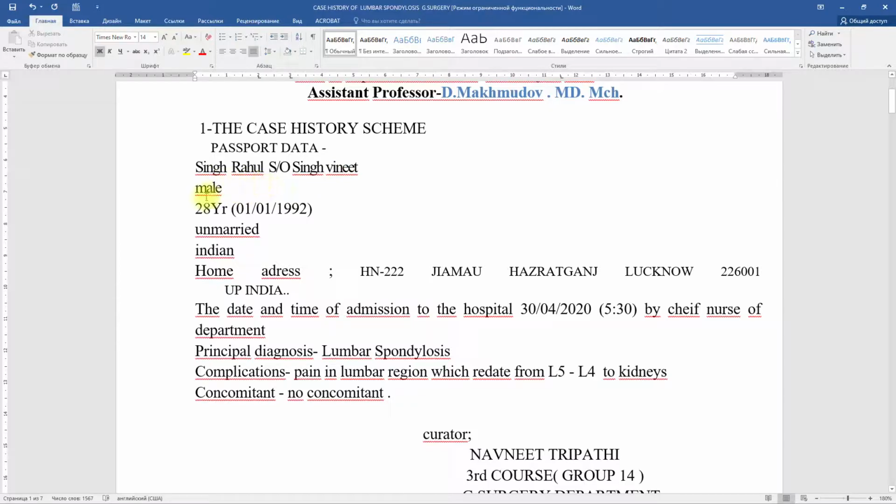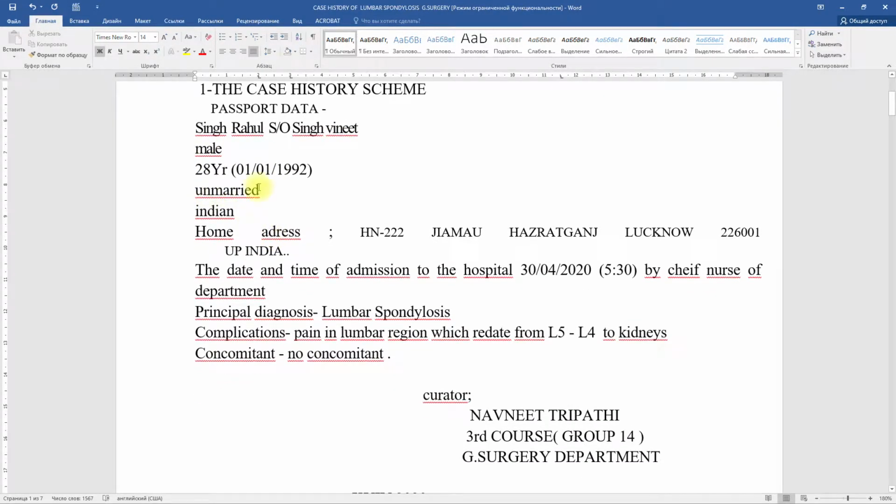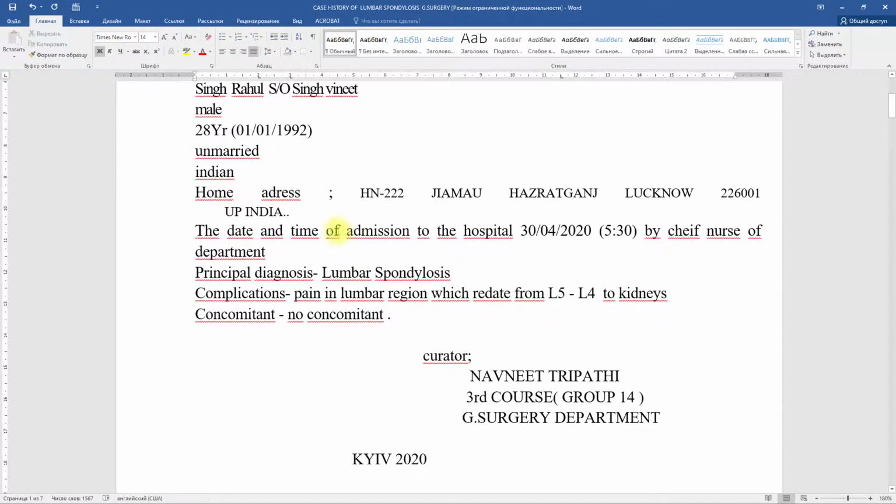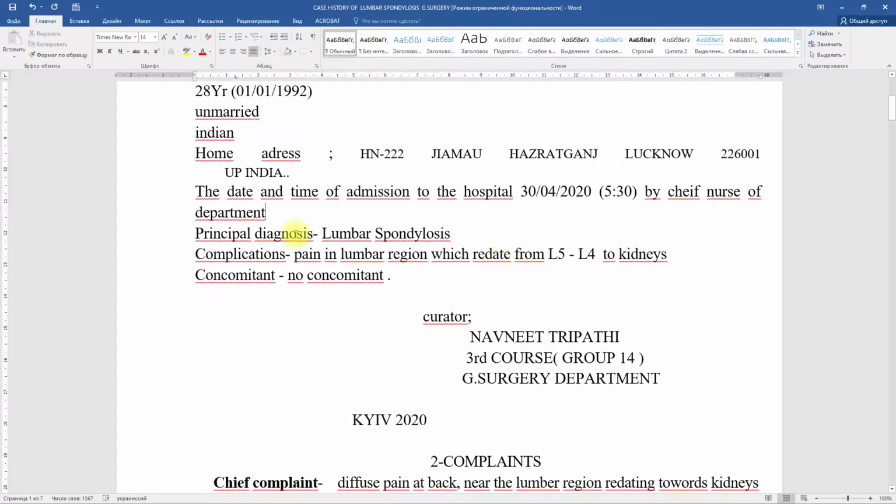So we have name, gender, age, marital status, city, address, time and date of admission. Yes, very good addition. Who conducted the admission? Very useful. Principal diagnosis. Yes, lumbar spondylosis.